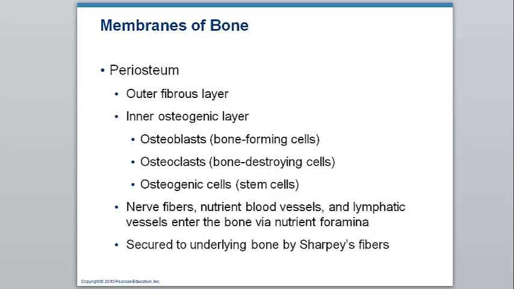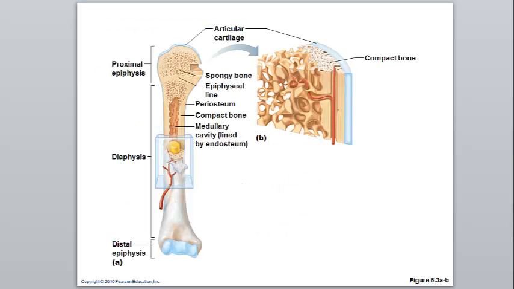These periosteal layers are attached to your bone by structures called Sharpey's fibers. Sharpey's fibers make sure that everything is kept in place. This white fuzzy thing that you're seeing in this picture, when we peel off the periosteum, is the Sharpey's fiber. And you can see how the blood vessel pierces these two layers and enters your bone itself.